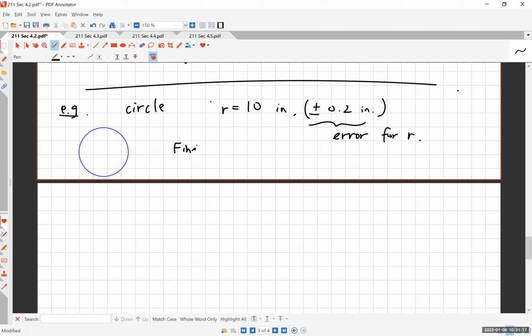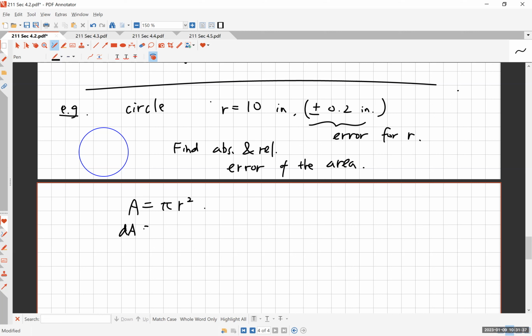So find the absolute and relative error of the area. Now the area is, of course, pi r squared.